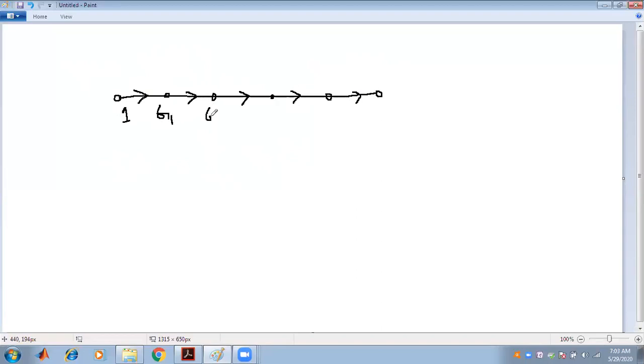The gains are given as G1, G2, G3, and this value is 1.